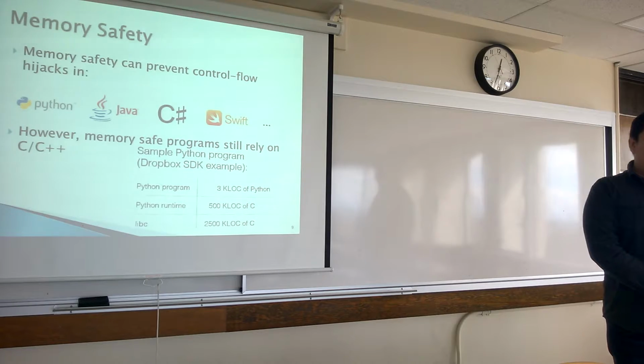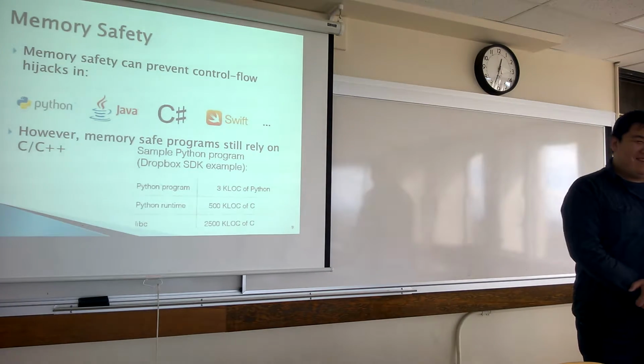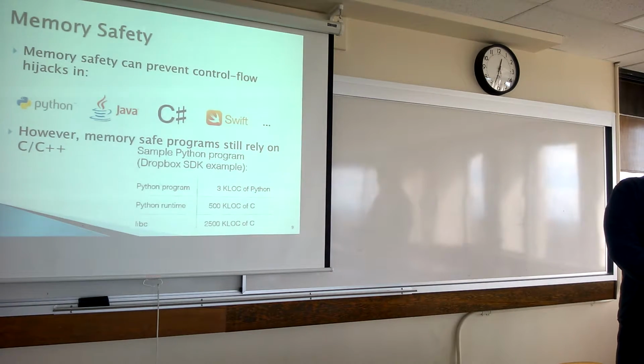Yeah, I guess in assembly, of course you can. I mean, there are attacks, for instance, against the Java runtime. Oh, okay. So this is why this is relevant, right? Because if you rely on this runtime, well, the runtime itself might not be safe. So if you can corrupt the runtime, then this is just another avenue of attack. The original Java program or Python program could be totally safe, but the runtime itself that you rely on, maybe not.